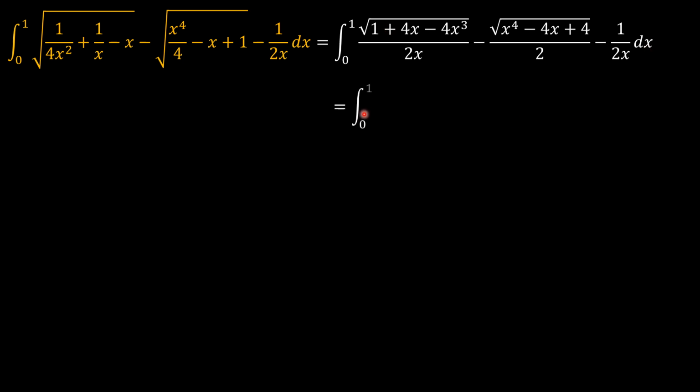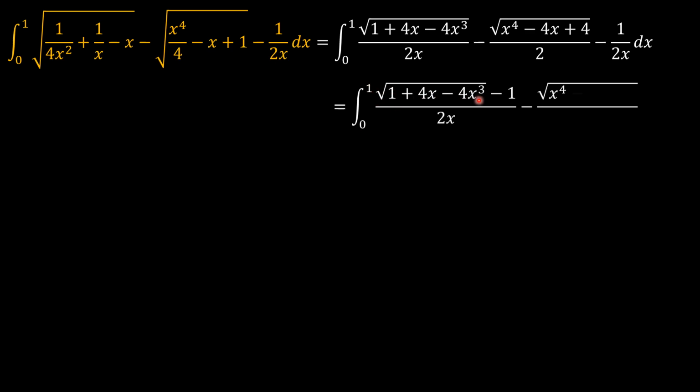So we have now a definite integral from x equals 0 to 1 of the square root of 1 plus 4x minus 4x cubed, minus 1 over 2x, minus the square root of x to the power 4 minus 4x plus 4, all over 2.